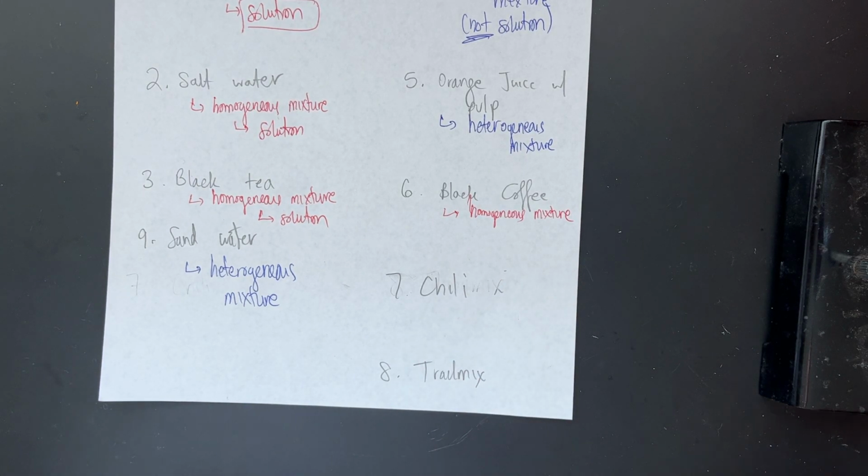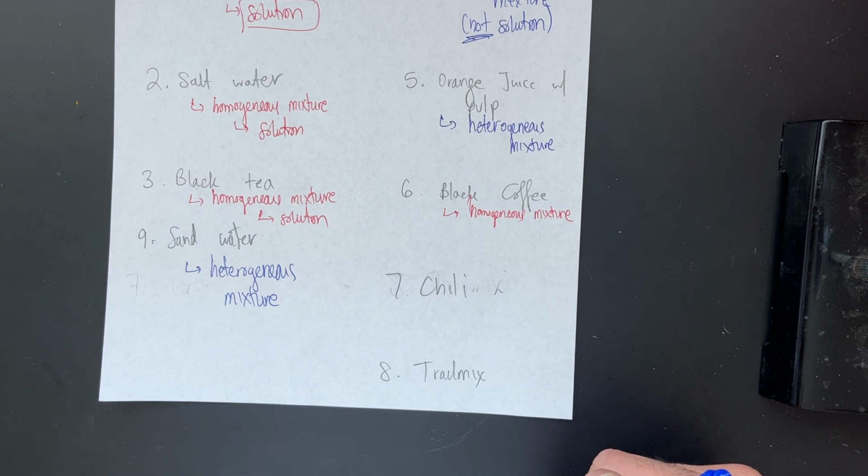Chili's an interesting one. All of these so far have been mostly liquids, but mixtures can be solids, they can be gases, they can be mixtures of solids, gases, and liquids. And so chili is also an example of a mixture. Is it homogeneous or is it heterogeneous? Well, I'd have to say it's mostly heterogeneous, unless you have the most perfect chili.